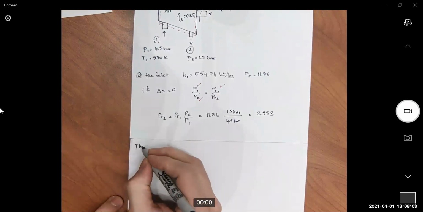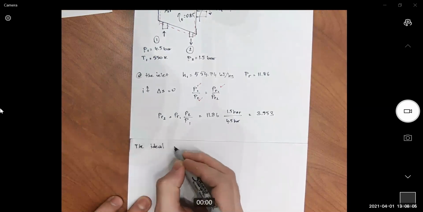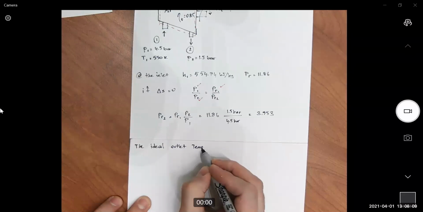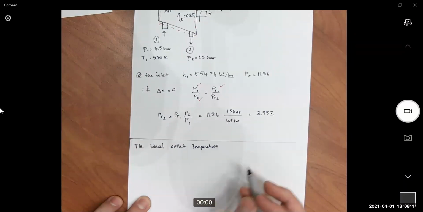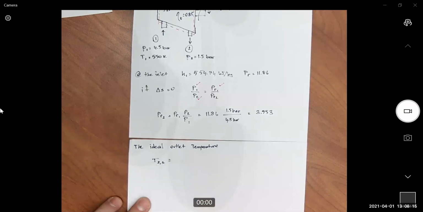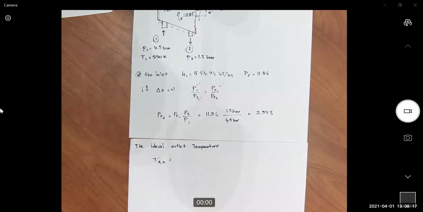Okay. The ideal outlet temperature, T2S. How can I find my ideal temperature at the outlet? Do I have enough information? Anyone? Delta S is equal to 0.